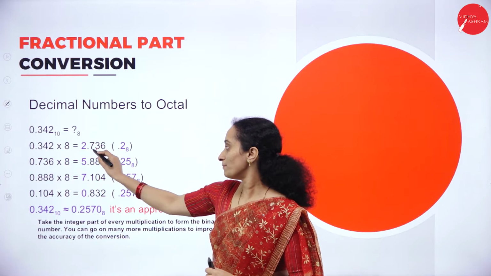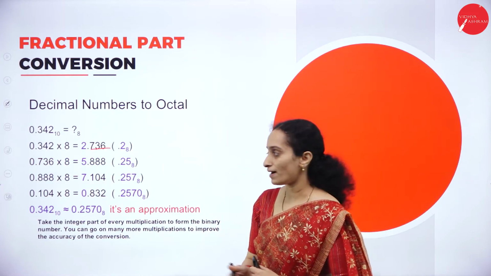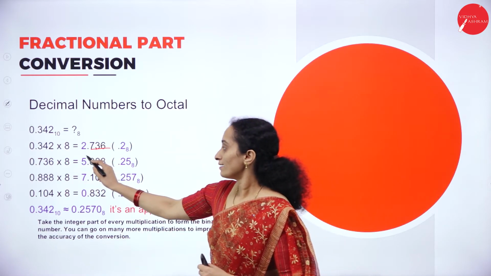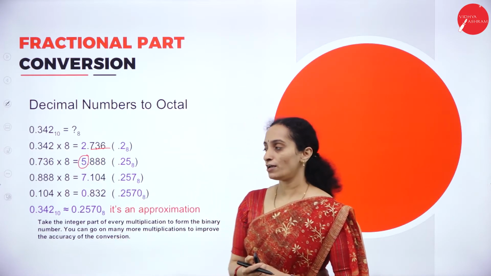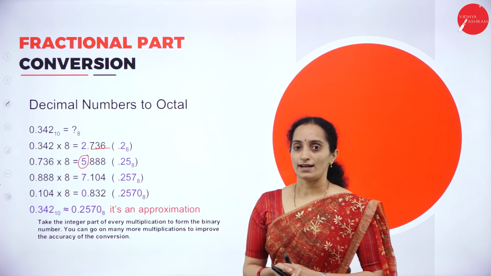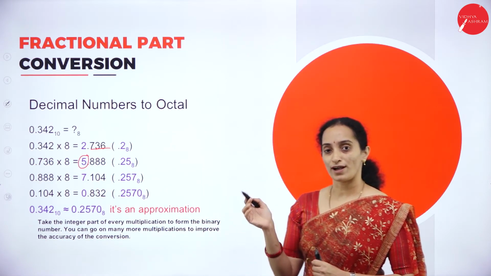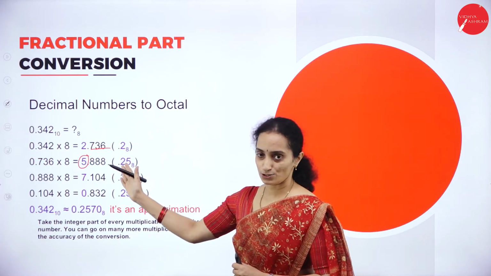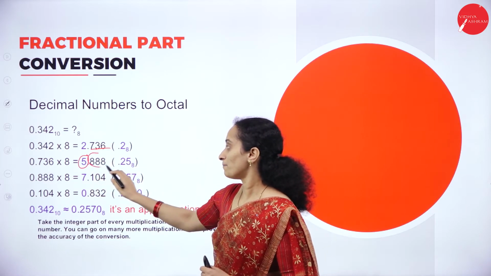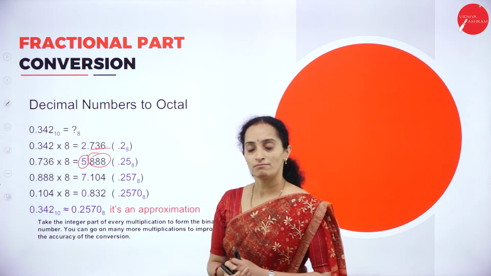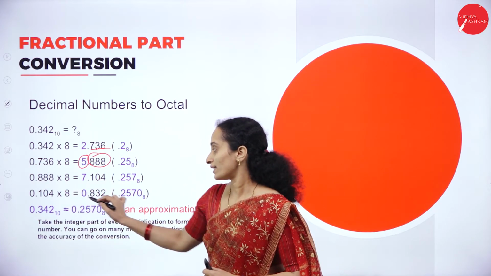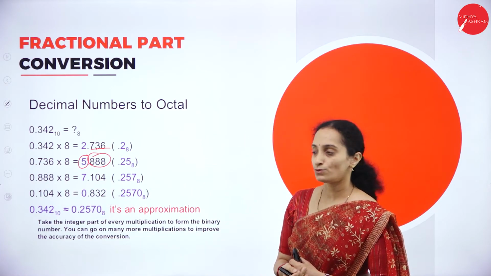This part will be considered as the new fractional part, multiplied by 8, which results in the product 5.888. Okay. The value will be 5. 5 will be added next to 2. Again, this fractional part will be considered for multiplication by 8.